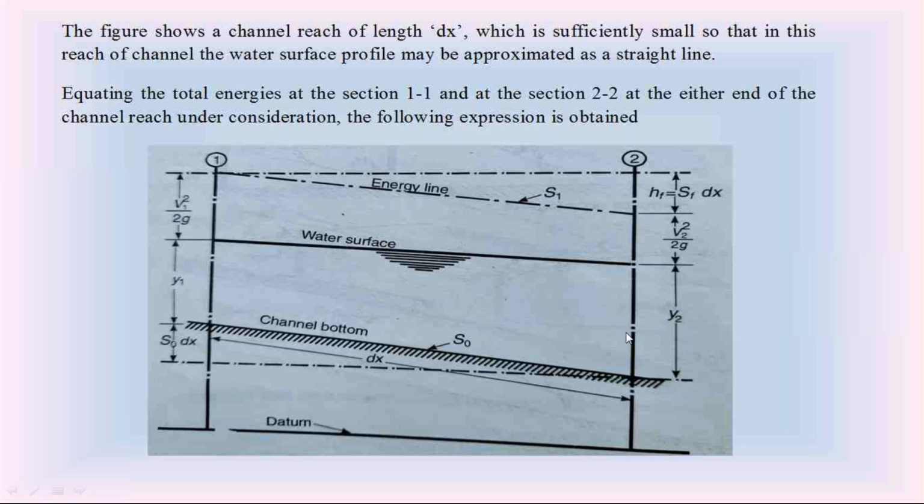Coming to section 2, there is no potential head because this horizontal line passes through section 2. Take the depth of flow at section 2 as y2. y2 is the pressure head. Take the velocity at section 2 as v2. So at section 2 the kinetic head is v2 squared by 2g.